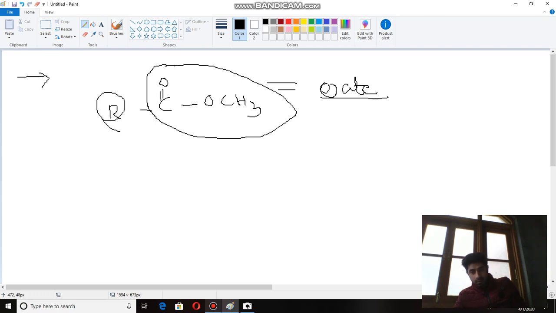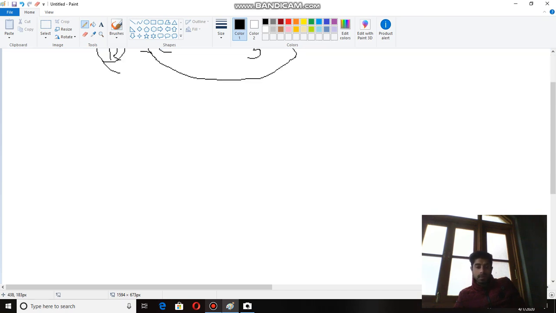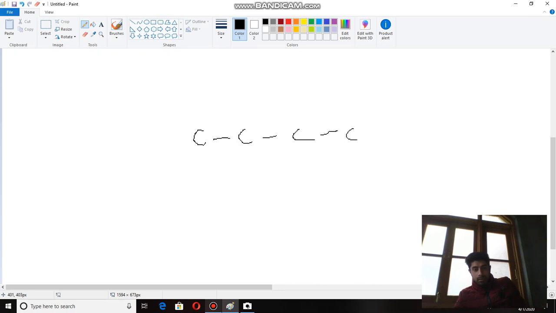This is oate. For example, let's take a compound like this, and here we have C and like this C, and here this group is present. Let's choose our parent chain. These are all hydrogens.